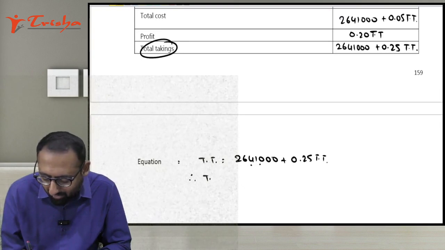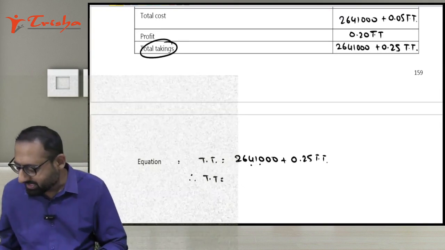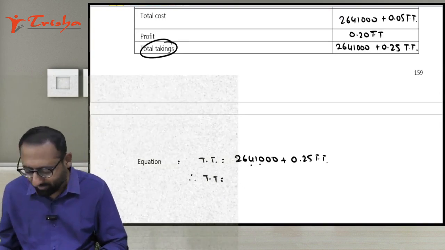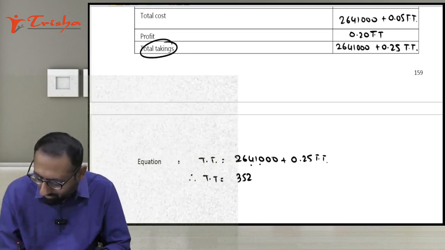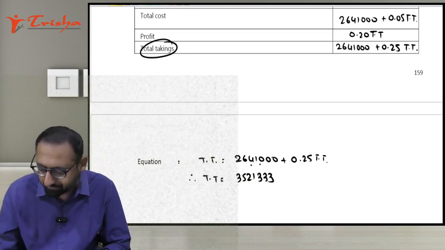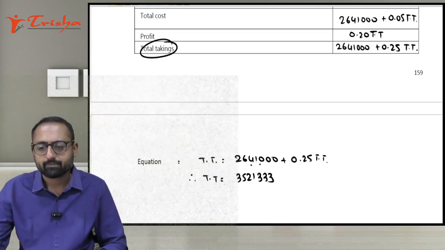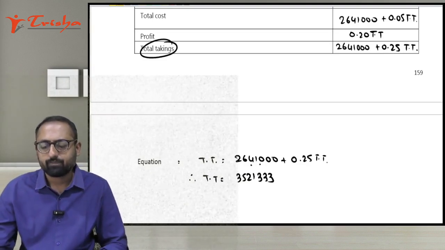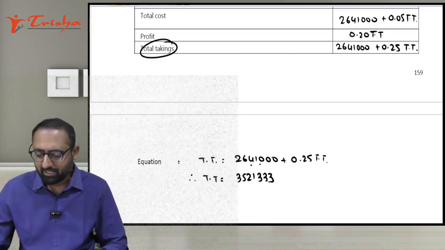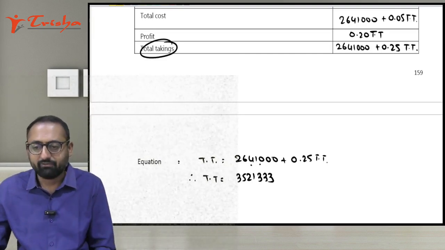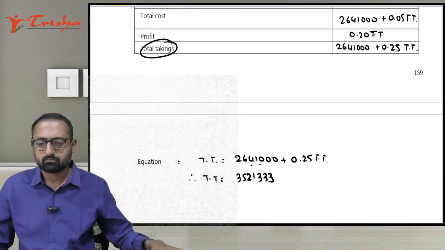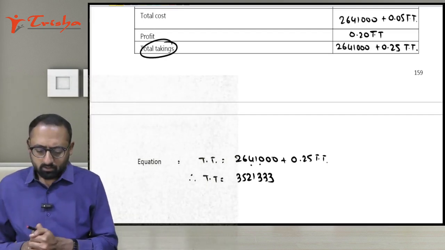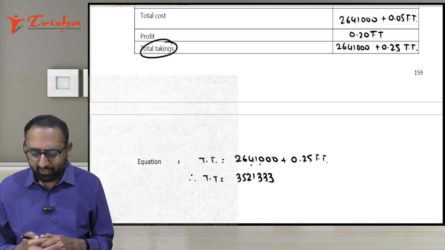Therefore, total taking is 26,41,000 divided by 0.75. Your answer comes to 35,21,333. Please check that. So we have got the total taking.